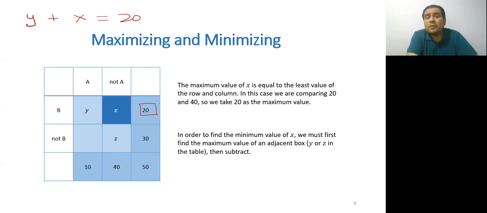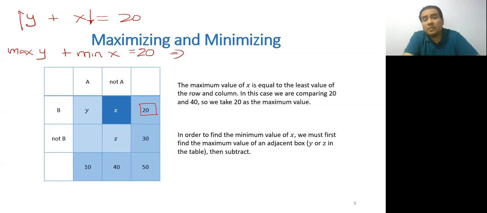So if you want to minimize the value of X, that means that Y should reach its maximum value possible. So what we need to do is find the max value of Y, and since that added with the minimum value of X should be 20, then the minimum value of X should be 20 minus the maximum value of Y.